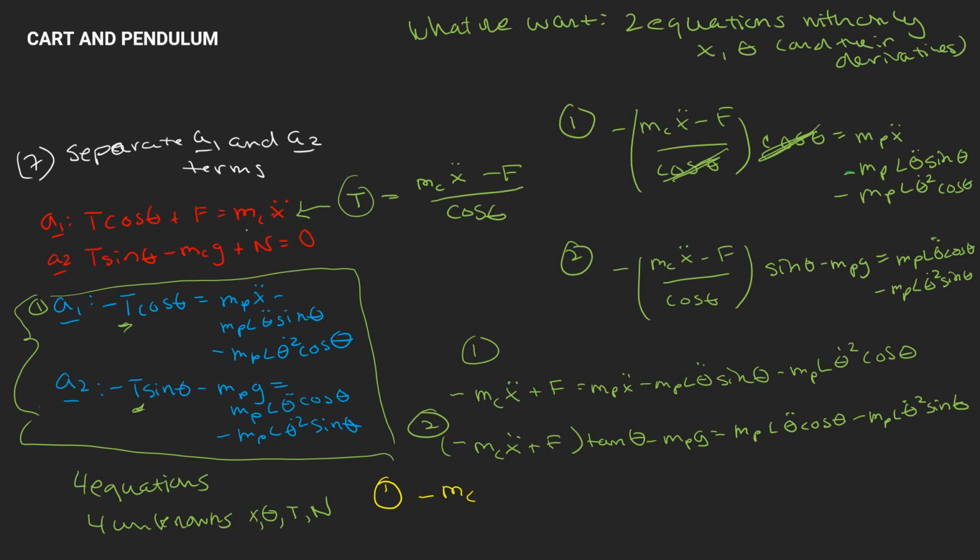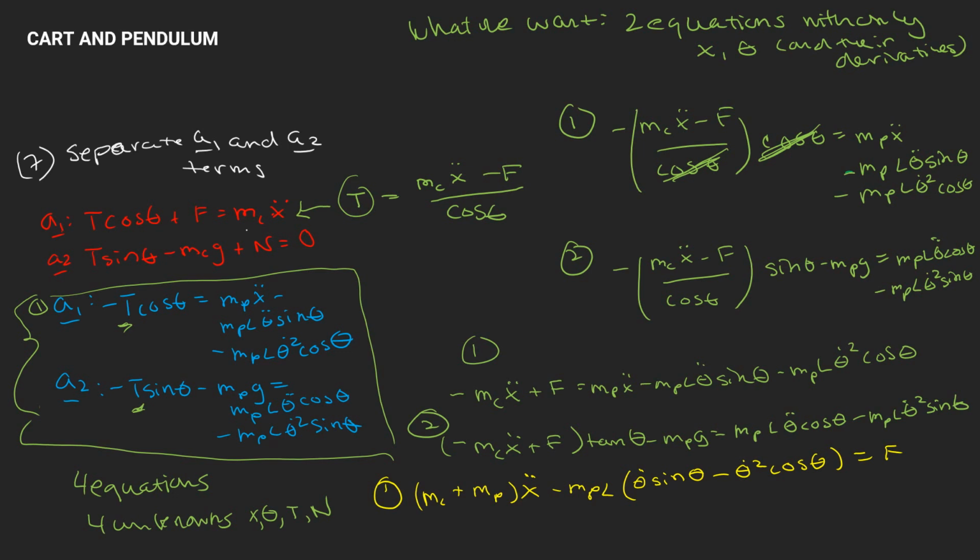So we have (MC + MP) x double dot, and then we're going to have minus MP L times (theta double dot sine theta minus theta dot squared cosine theta), and that is going to equal F.